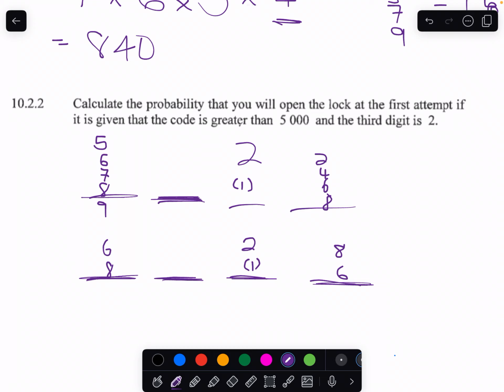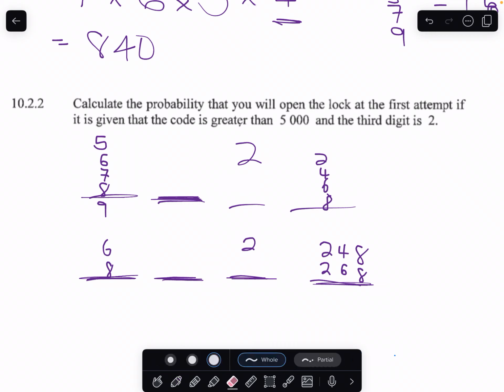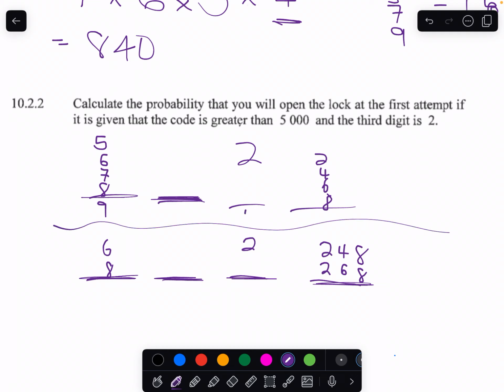Now what am I saying? It would be 6, and then the only options are 2, 4, or 8. Or if it starts with 8, then the only options here are 2, 6, and 8. Okay, so over here, there would be 2 options for the first number.